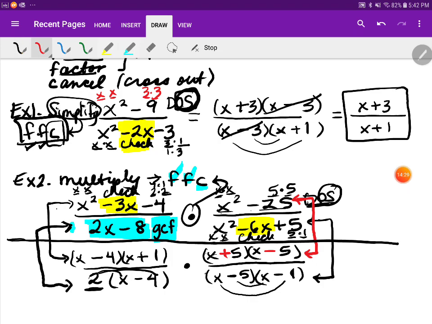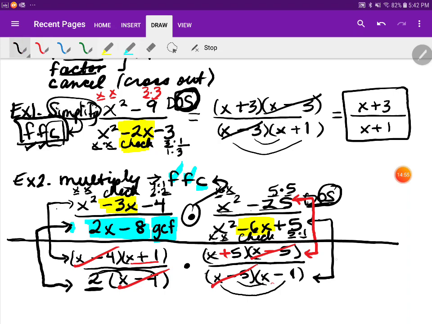What you can cancel is anything from the top with anything from the bottom as long as they match. So this x plus 1 does not cancel with x minus 1 because they have to match perfectly. Okay, x minus 4 cancels with x minus 4. And then x minus 5 cancels with x minus 5. And diagonal is okay.